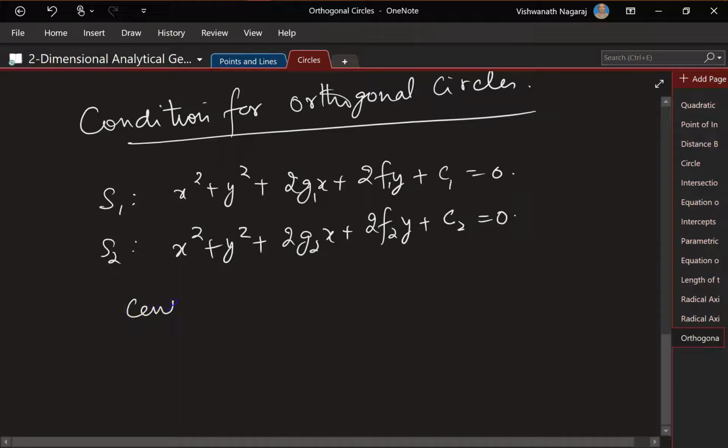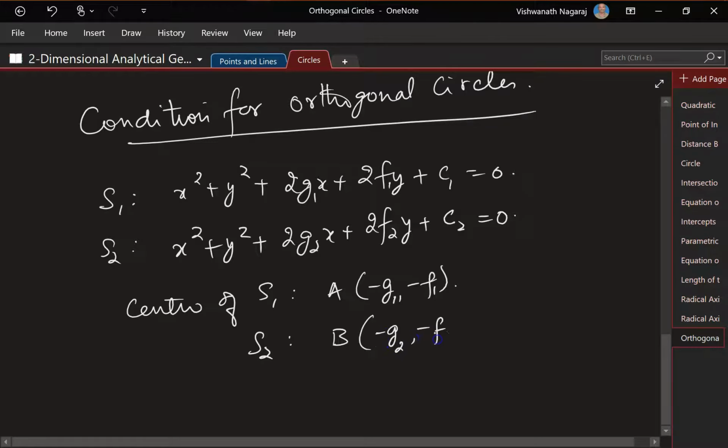The center of S1, let's say A, is minus g1, minus f1, and the center of S2, let's say B, is minus g2, minus f2.